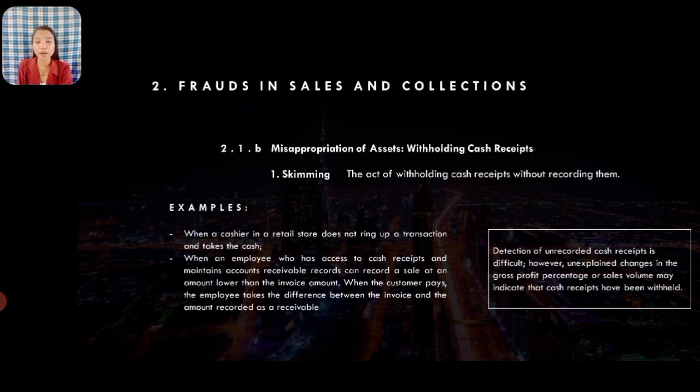Examples are salespeople and tellers, because they have direct contact with customers and are obviously the most likely candidates for skimming. Detection of unrecorded cash receipts is difficult. However, unexplained changes in the gross profit percentage or sales volume may indicate that cash receipts have been withheld.